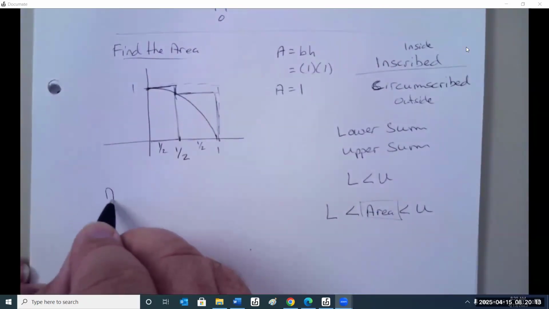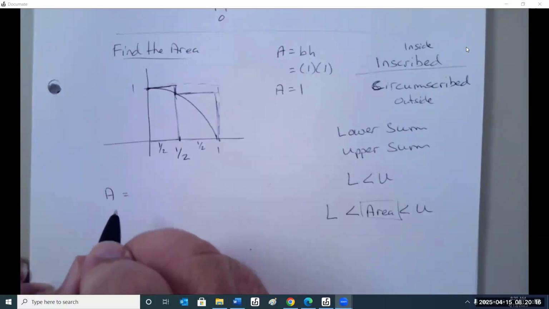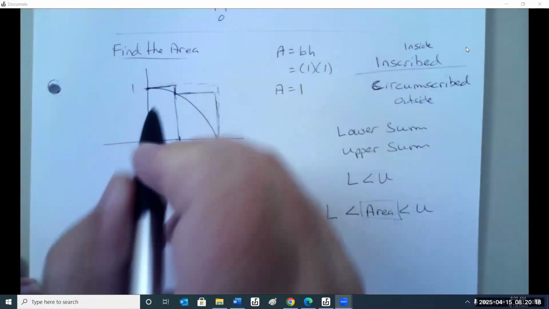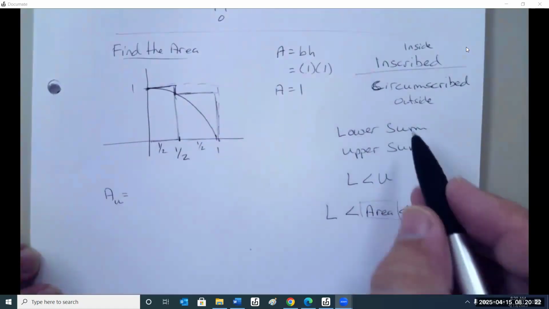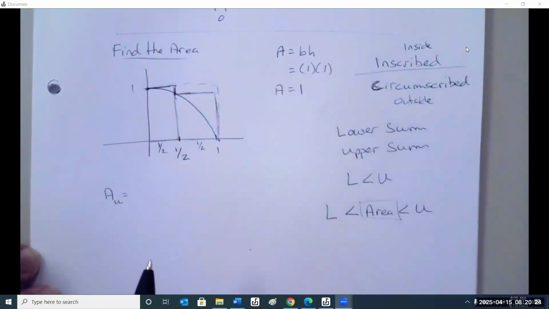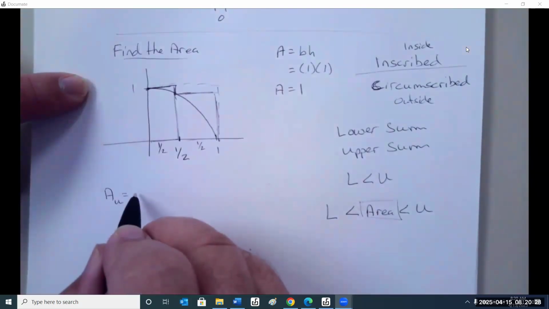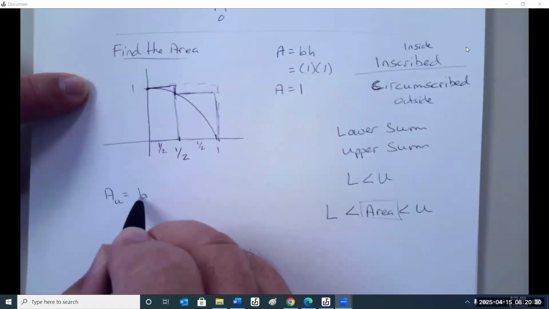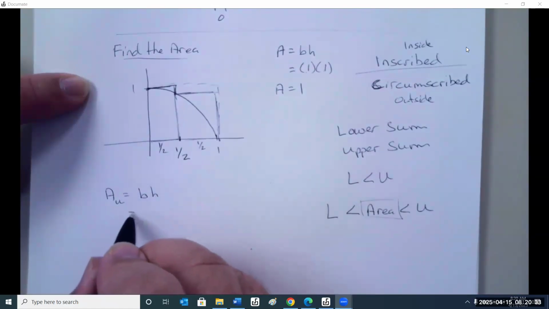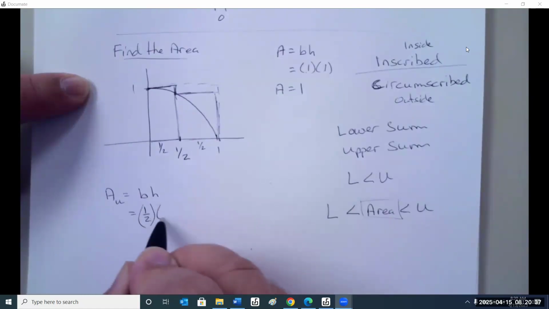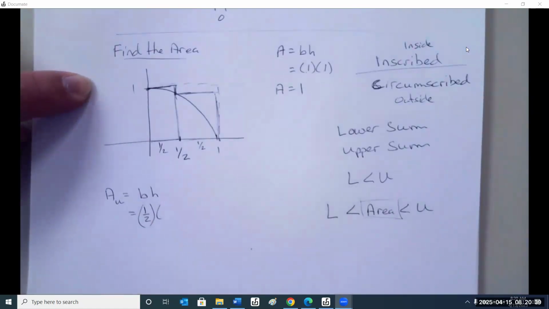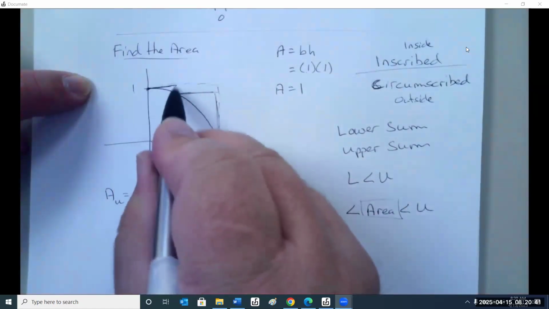So the area, since this is on the outside, this is the upper, because it's on the outside. Our base is 1/2. What is our height? How high is this box?